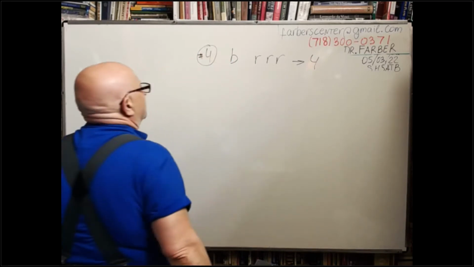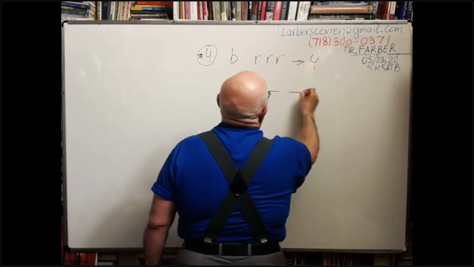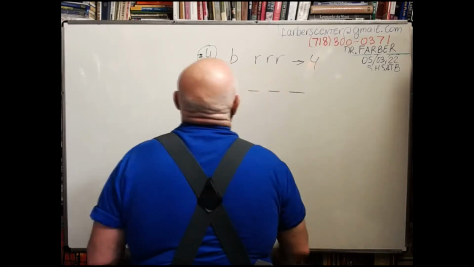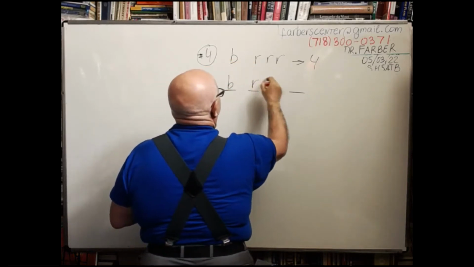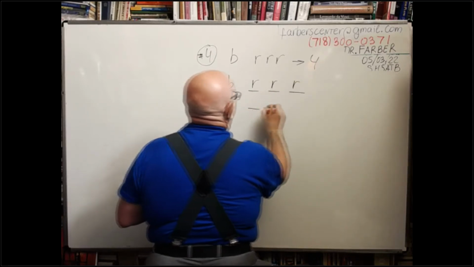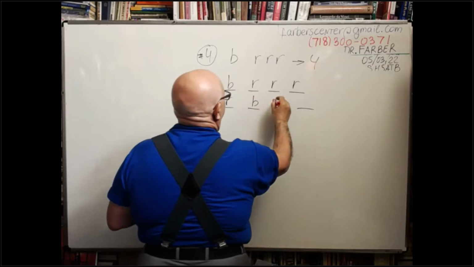For instance, we have 4 shelves: 1, 2, 3, 4. The first is black, and 3 checkers are red. Or I can have red, black, red, red.